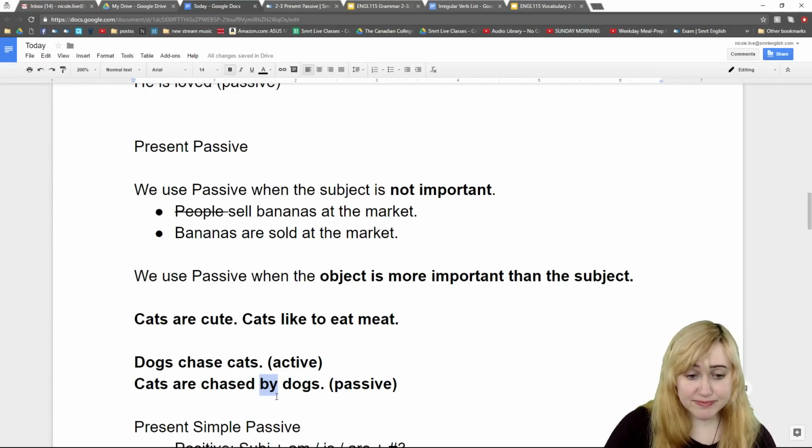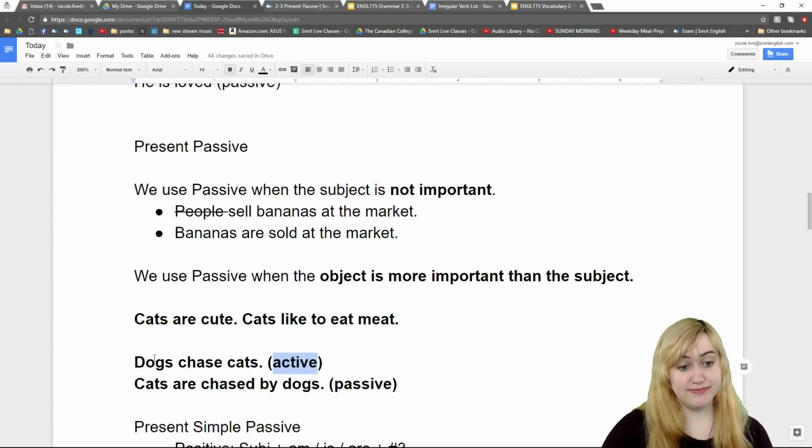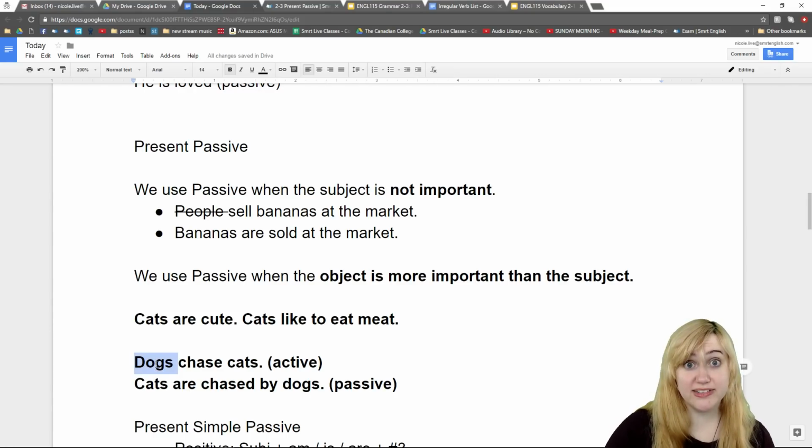The by is a special preposition that we use if you want to keep the old subject in your sentence. It's just less important. So if we look at our active sentence, dogs is the subject, cats is the object, but really I think the object is more important than the subject.